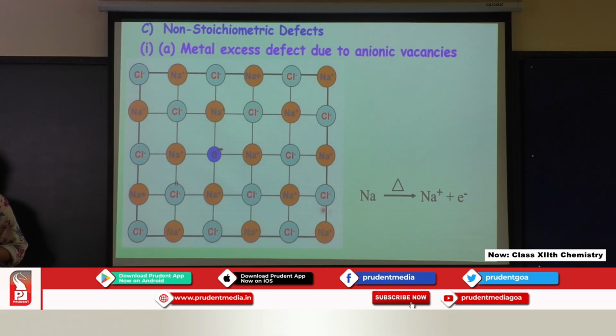Now, once the chloride ions move out, they are going to combine with sodium ions and give you NaCl, that is sodium chloride, as a byproduct. Now, this particular electron which has entered the crystal gives the crystal a special property. It imparts color to the crystal, and hence these electrons which have now replaced chloride ions are given a name.